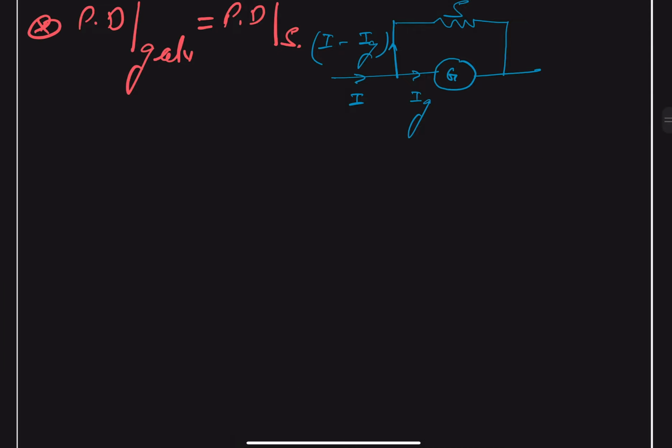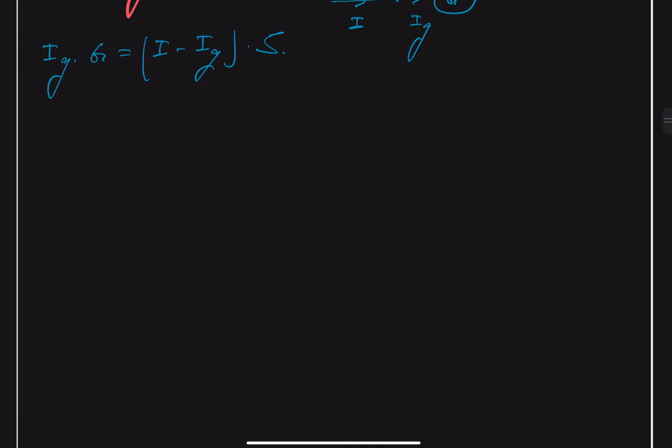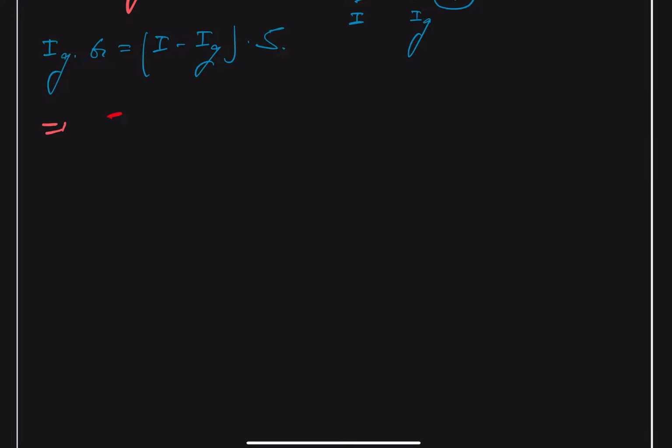So therefore we can write Ig multiplied with the galvanometer resistance G, and we have this as I minus Ig multiplied by S. Okay. So we can easily reformulate this equation. This gives us that our S will be equal to galvanometer current multiplied by galvanometer resistance divided by I minus Ig. And we know all these values.